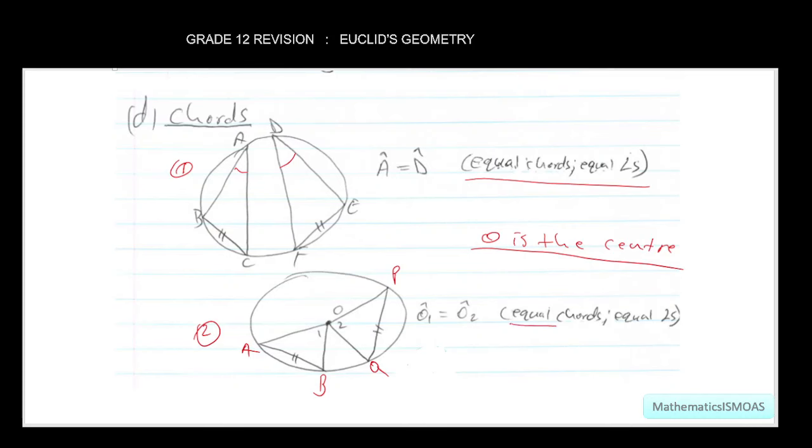Reason, equal chords, equal angles. Meaning equal chords subtend equal angles at the center of the circle. The first diagram, equal chords subtend equal angles at the circumference of the circle. The second diagram, equal chords subtend equal angles at the center of the circle. But the reason is the same. Equal chords, equal angles.